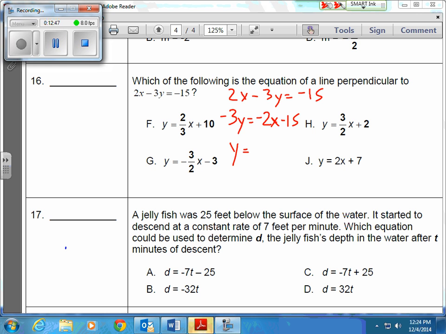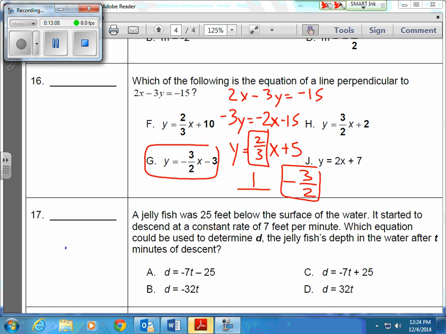I get y equals positive 2/3 x plus 5. So the slope of that line is 2/3. That means that the perpendicular to that would be a negative 3/2. Okay, so who has a negative 3/2 slope? G does.